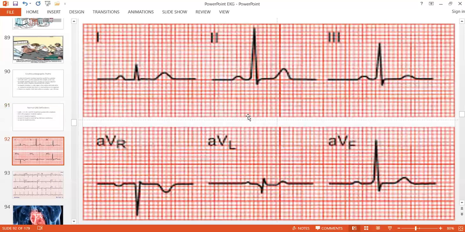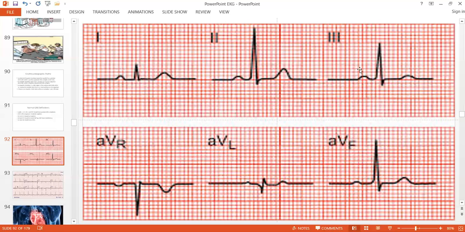Now let's look at what that actually looks like on the strip. So here's lead 1, 2, and 3. Here we see our QRS complex, and the R is pointing upward. In lead 2, it's also pointing upward. Lead 3 is also pointing upward.